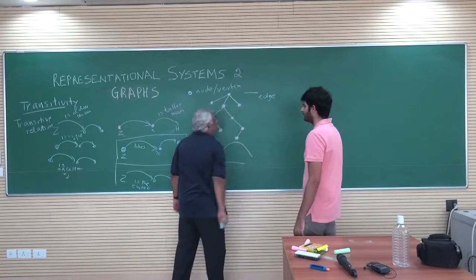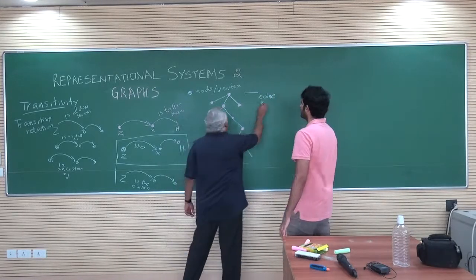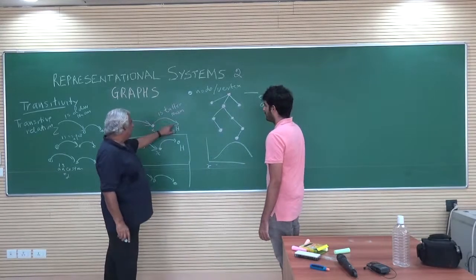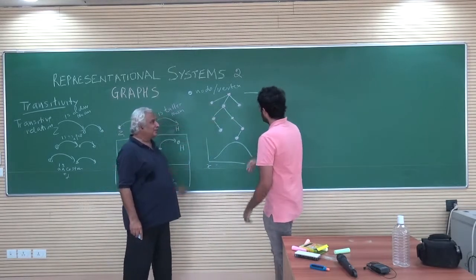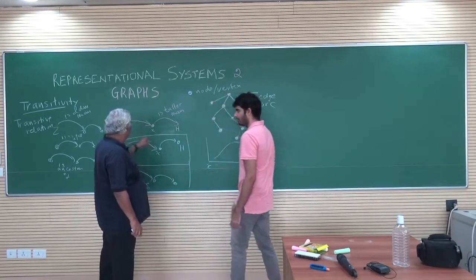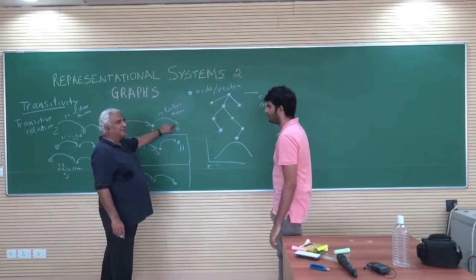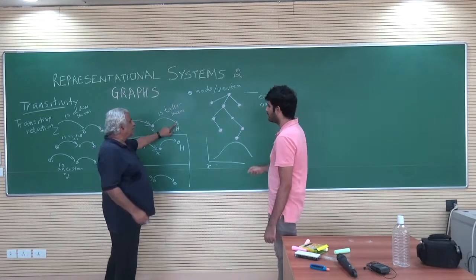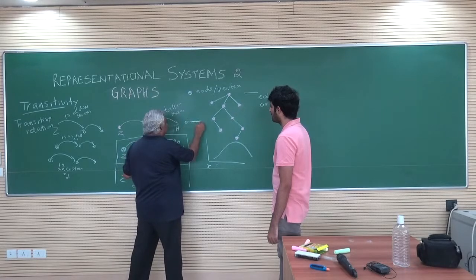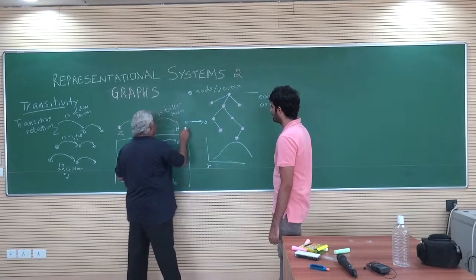I think there are some other names for it. I think it's called an arc. Oh, okay. Arc. But this is different, right? This I put a curved line. So this is an undirected edge, and this would be a directed edge. Okay, because there is an arrow, it is directed. But is there a difference between this and this?